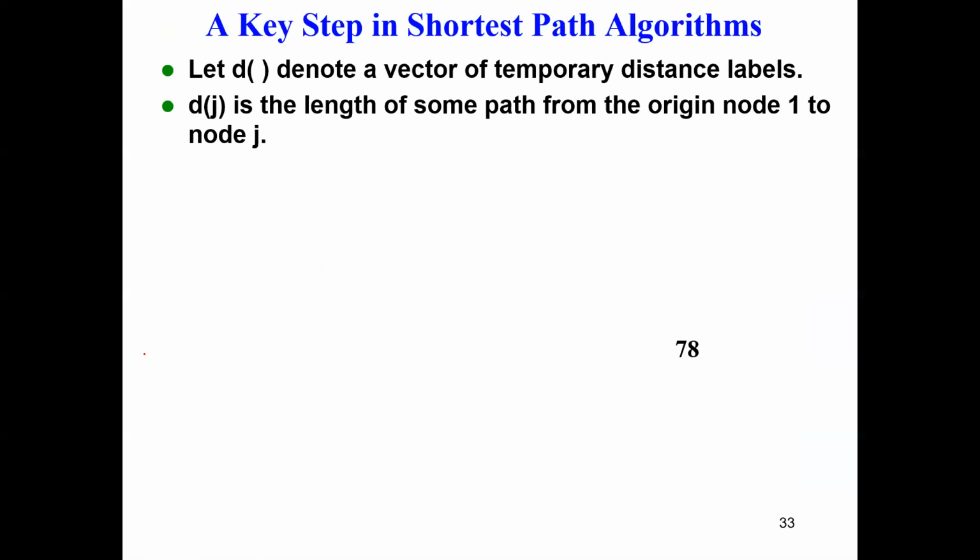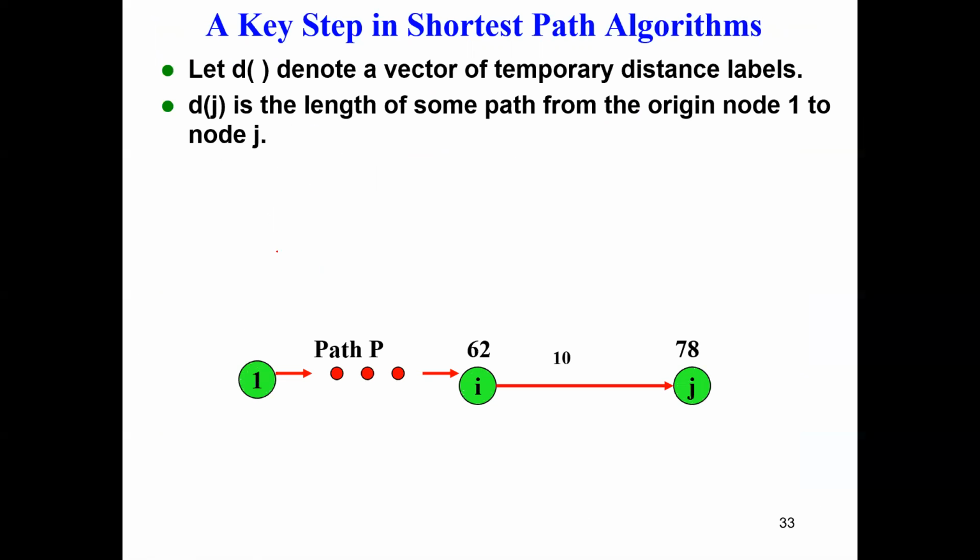A key step in the shortest path algorithm: we let D denote the vector of temporary distance labels. D_j is the length of some path from the origin node 1 to node j. For example, here we have a path that takes you from 1 to i, and that path distance is 62 units.